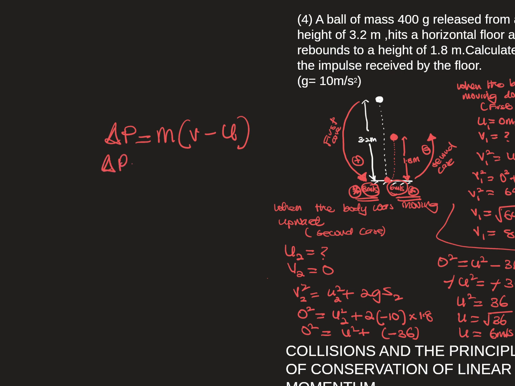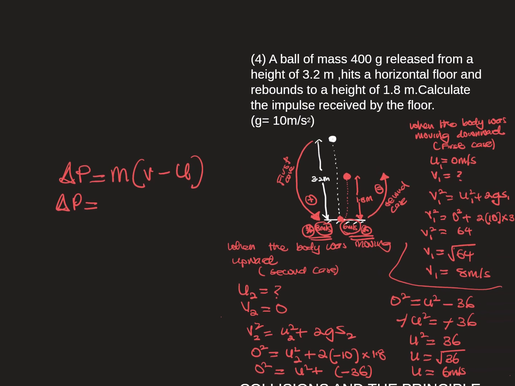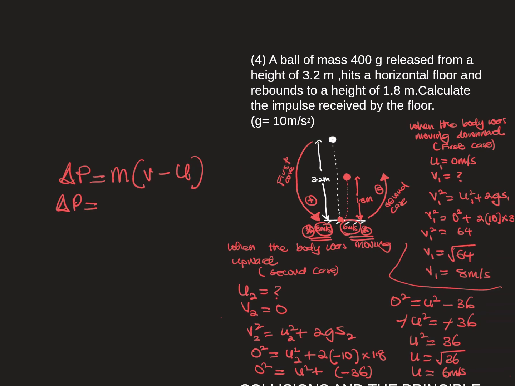That will be change in momentum is equal to the mass of the body, which is 400 grams. So 400 grams, if you divide it by 1000, then you have it in kilograms. That will be 0.4 into, so what is the velocity?